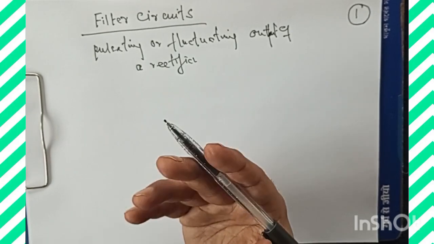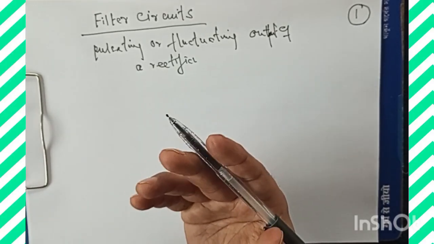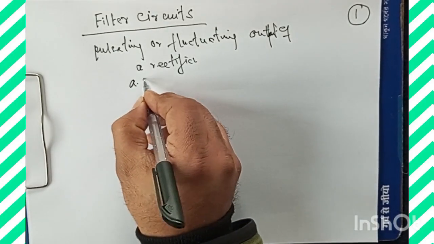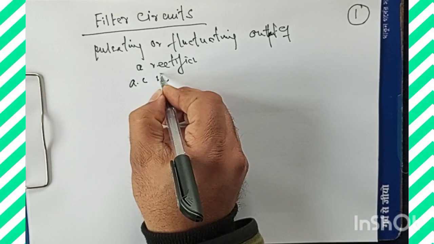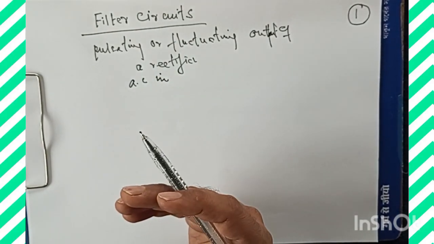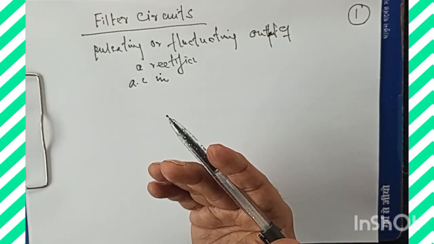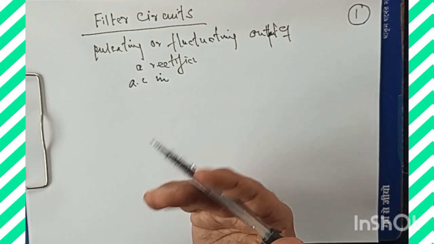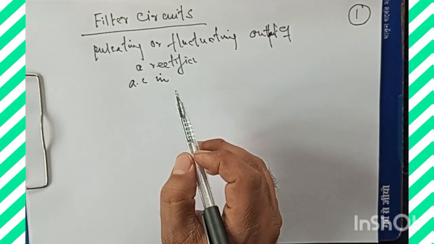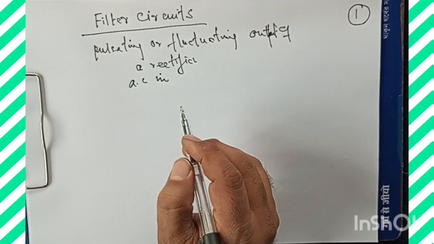In other words, the output DC voltage of a rectifier has some amount of AC in it, and this AC is basically superimposed on the unidirectional DC that we obtain from rectification. This AC voltage superimposed on the DC voltage we call a ripple component.